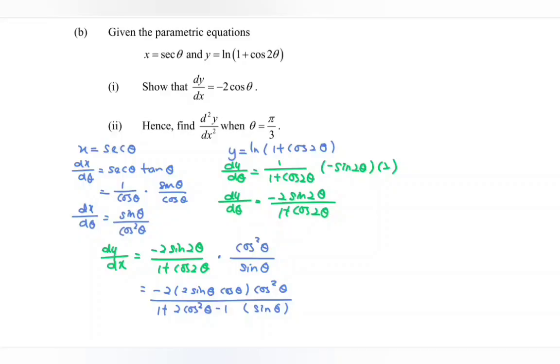So we may simplify this part, and then we can simplify this part as well. Then we have negative 2 cos θ. Then we have already shown the answer for number 1.